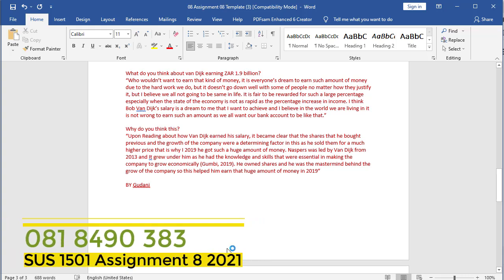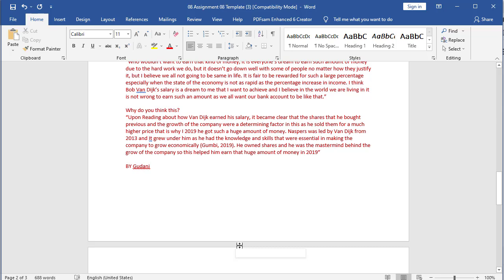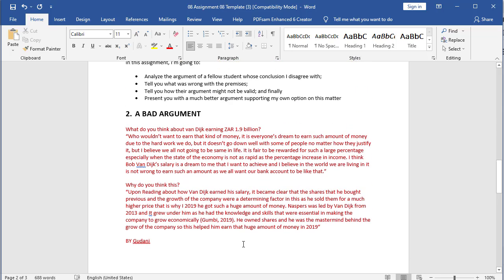I'm not saying it is a fair salary, but he did not steal the money actually. So the fair or the not fair part, it's all up to you guys. Okay, what I can take again from what has been said, upon reading, it became clear that the shares that they bought.